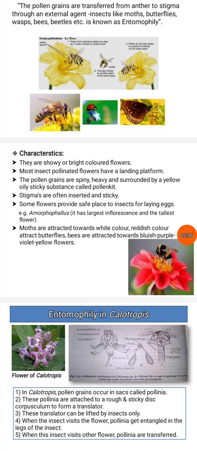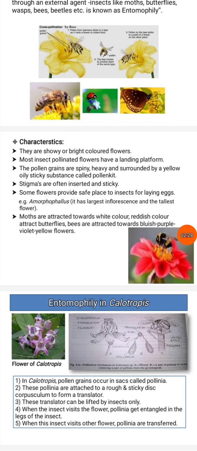Some flowers provide a safe place to the insects for laying eggs. In the case of Amorphophallus, which is a well-known plant because it has the largest inflorescence and the tallest flower, the flowers provide a place for insects to lay eggs.